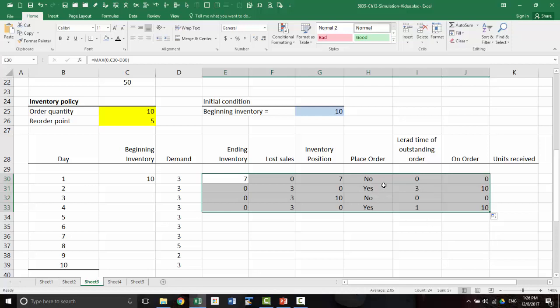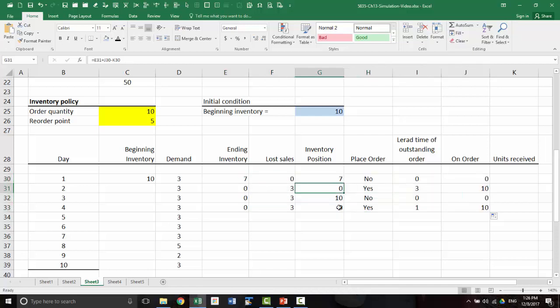See now, an order was placed here, inventory position is 0, so an order was placed here and the lead time was 3, right? So we maintain the lead time of 3 for 3 more periods, like there, there and there, because the order is going to be outstanding during these 3 periods and would be delivered at the end of the 3rd day because the lead time is 3.